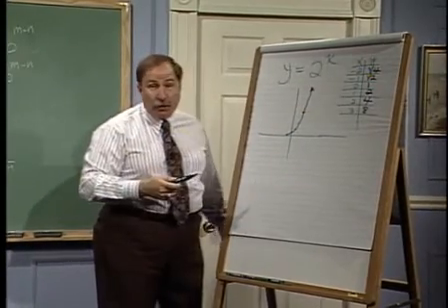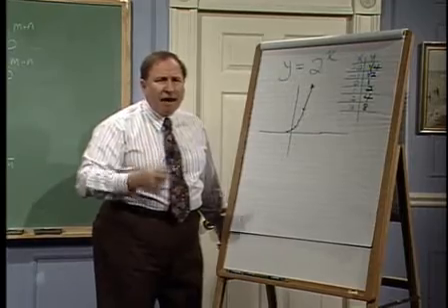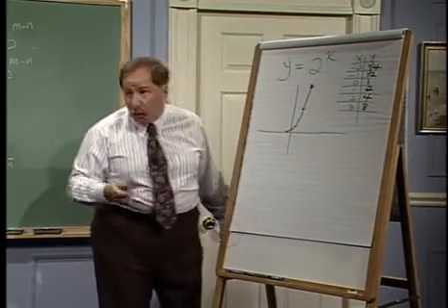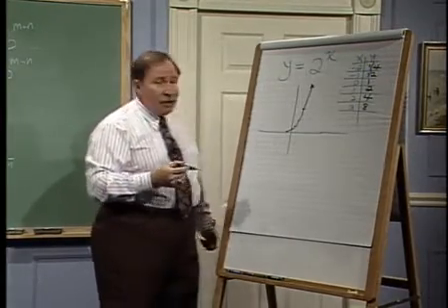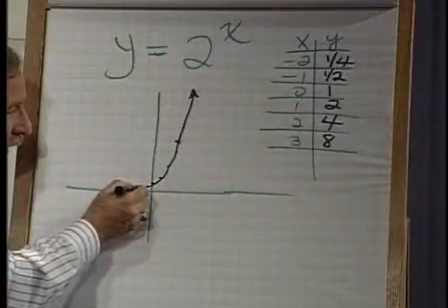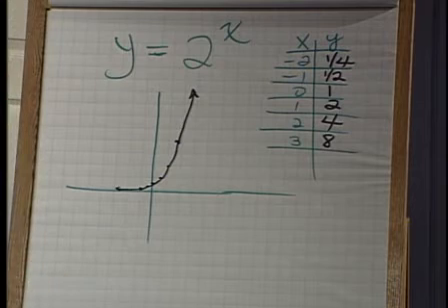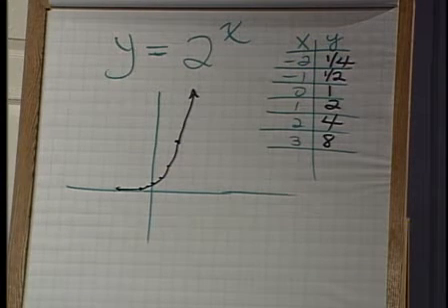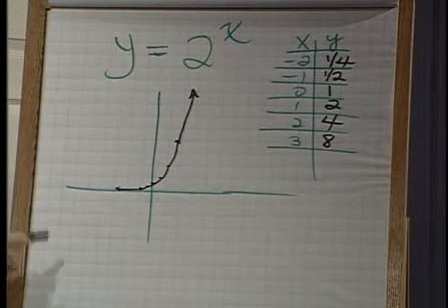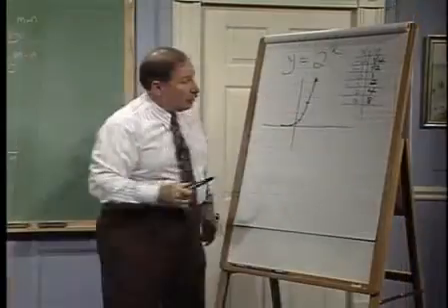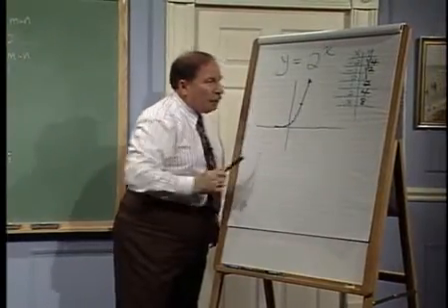That's 1 over 2 to the 1,000th, a very, very small positive number, which means this graph will get closer and closer, but never touch the x-axis. And therefore, the x-axis is its asymptote. Again, close, but not touching.